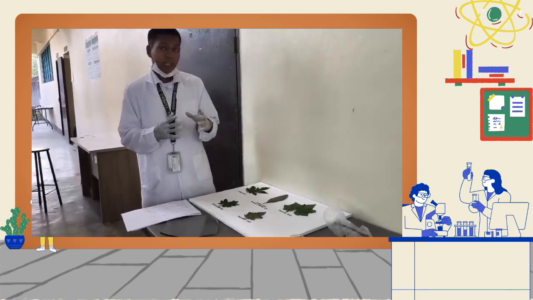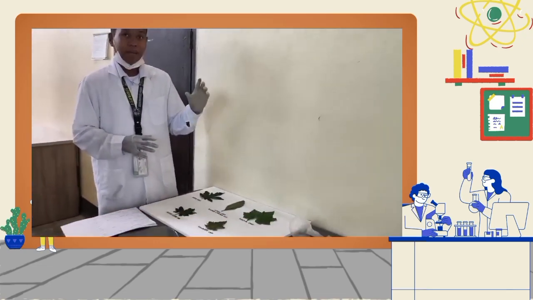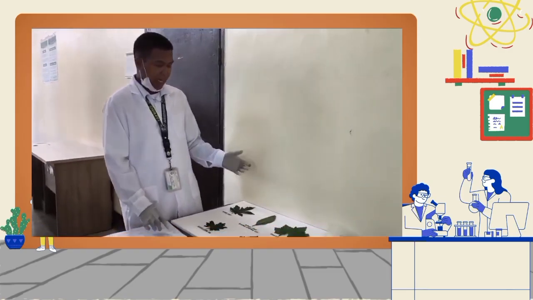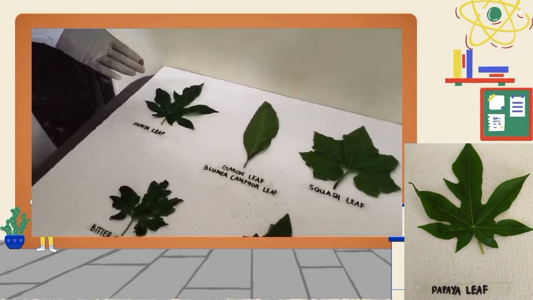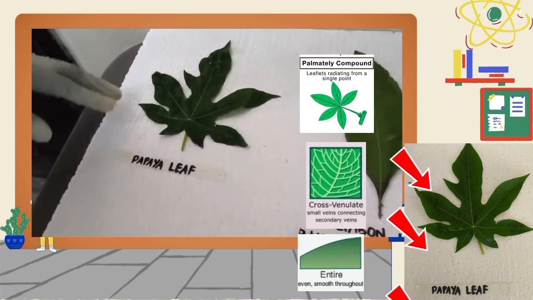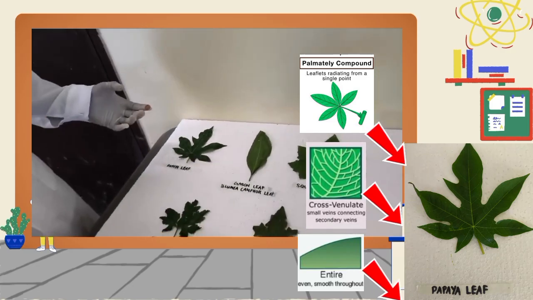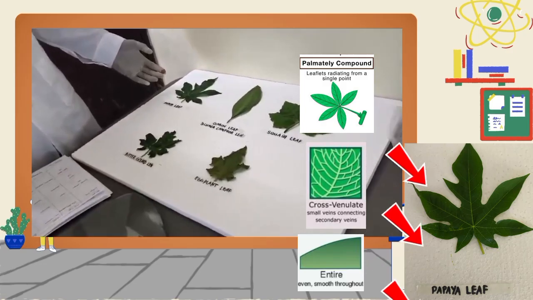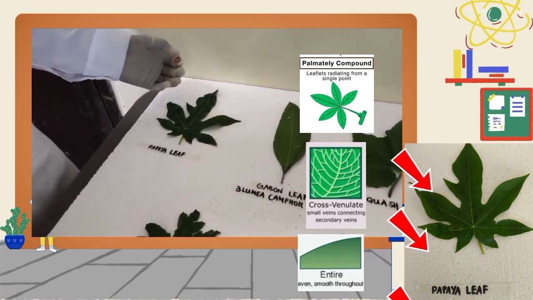At this juncture, we have now identified the different structures and appearances of the specimens that we have. First, we have the papaya leaf. The papaya leaf type is palmately compound, the venation is cross-venulate, the margin is entire, and the color is green with a rough smoothness.